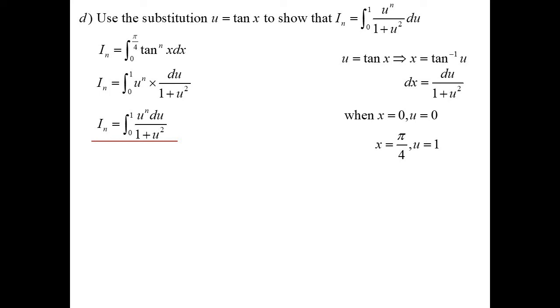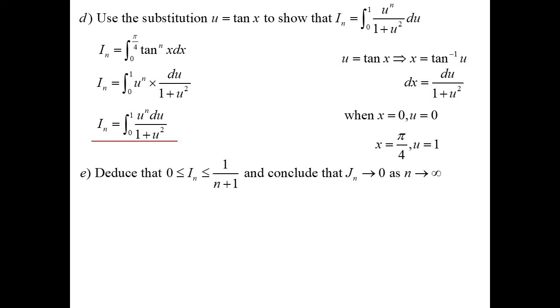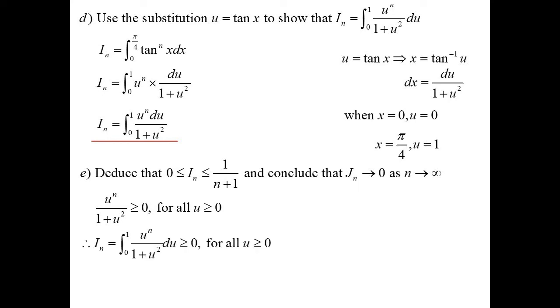Okay, here comes the last part of the last example. Deduce then that in is in between 0 and 1 on n plus 1, and conclude that jn approaches 0 as n approaches infinity. Well, I certainly know that that is always going to be positive. So that integral, therefore, is positive.